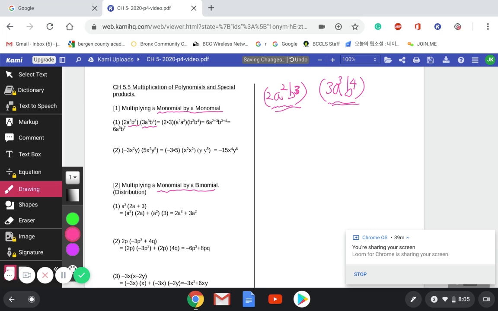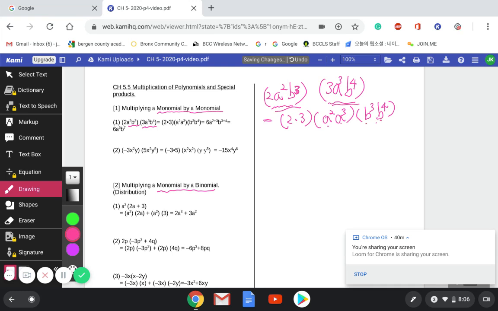So when you multiply monomial by monomial, again, you group like terms or you group same bases. Okay. So numbers are like terms, so you rewrite 2 times 3 as a group, and then you group a squared with a third because they have the same base, and then you group b third with the b fourth because you have the same base.